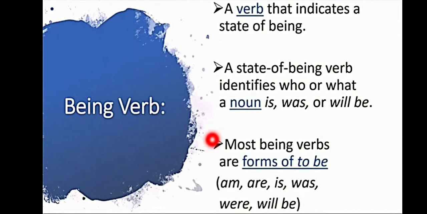Most of the being verbs are forms of to be, that are am, are, is, was, were, and will be. Being verb shows no action. They just indicate the state of being.